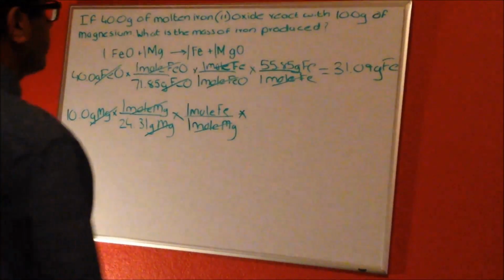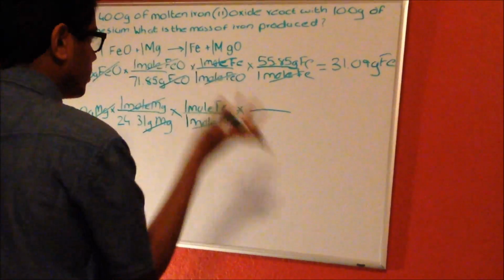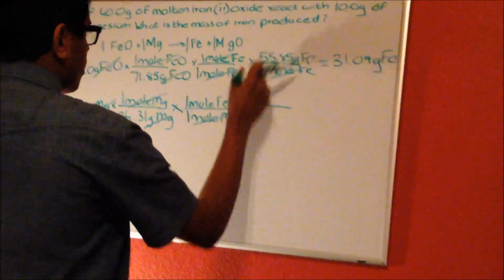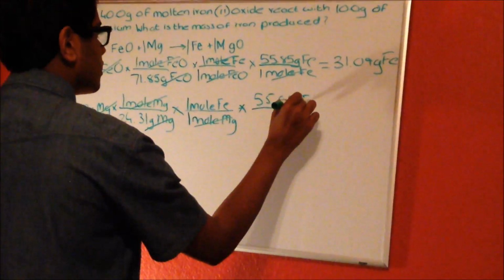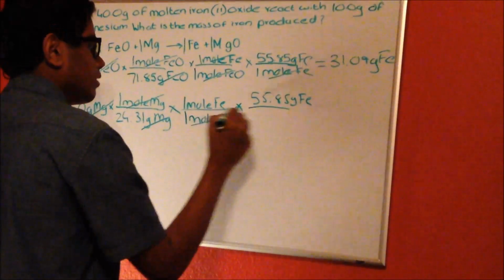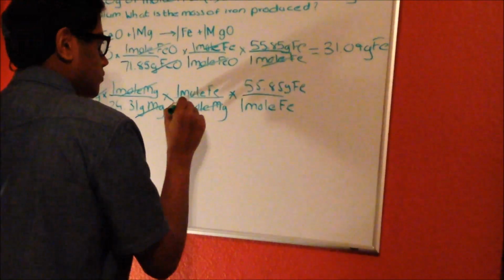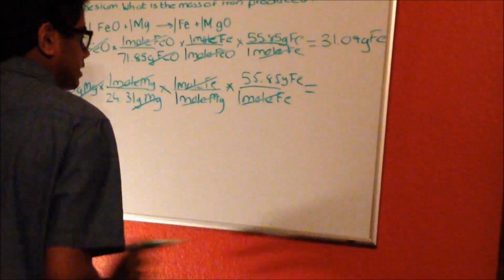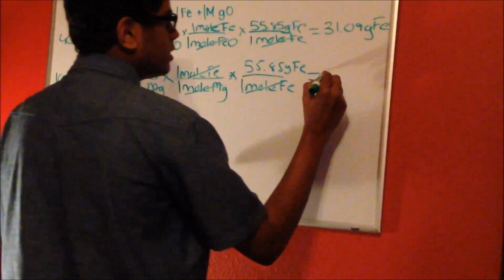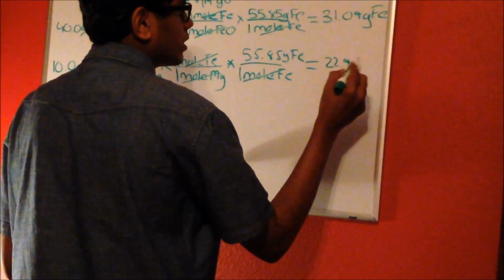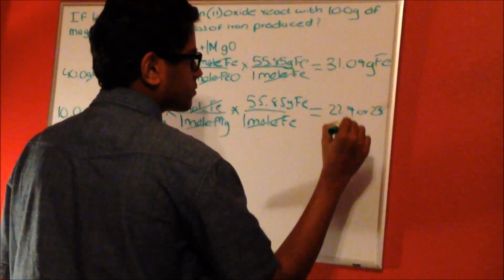Since we're still trying to find how much iron is produced, we put the mass of iron, 55.85 grams of iron, and cancel the mole of Fe with 1 mole of Fe. After we plug this into the calculator, you'll get 22.9, or you can round this up to 23 grams of Fe.